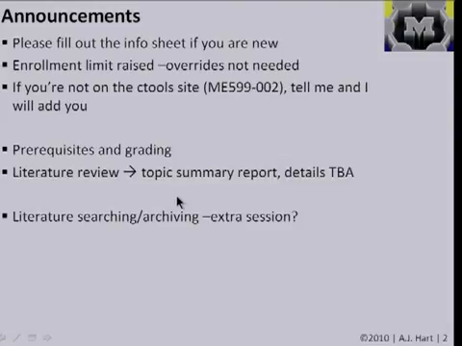And then there's one final topic that I'm interested and willing to address if we have time, and that's the process that I use for searching literature, using things like literature databases, RSS feeds, and reference archiving software. But I don't think we have time to talk about that in lecture. So what I'm going to ask you now is, if you're interested in this topic and your schedule fits, would you be willing to come for an extra half hour so I can talk about that?